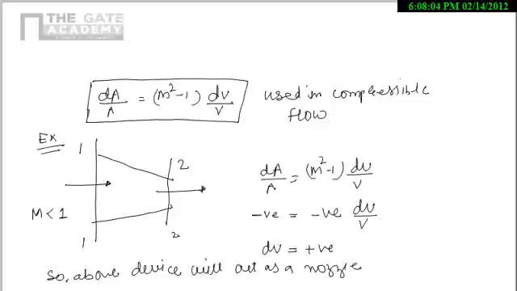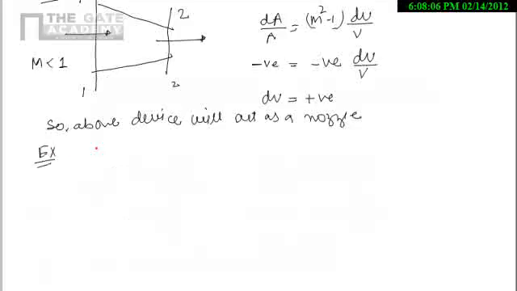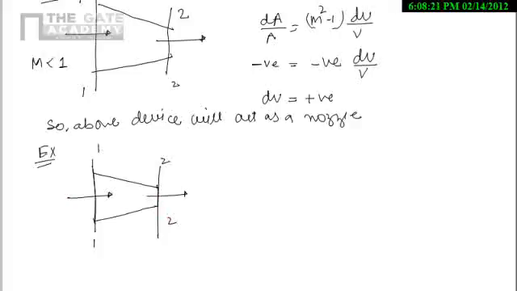So now let's take a second example here. I will draw the same kind of device here. Section 1 is here, section 2 is here. Steam is entering here, steam is going out here. Suppose M is greater than 1, that is supersonic flow.